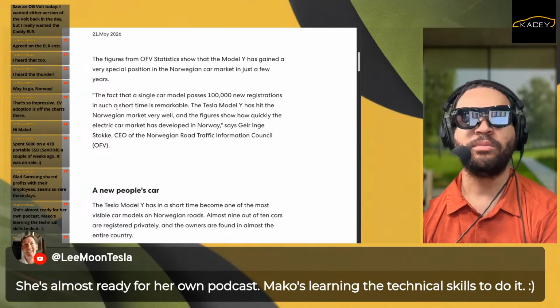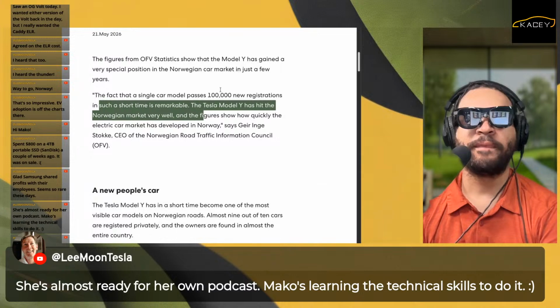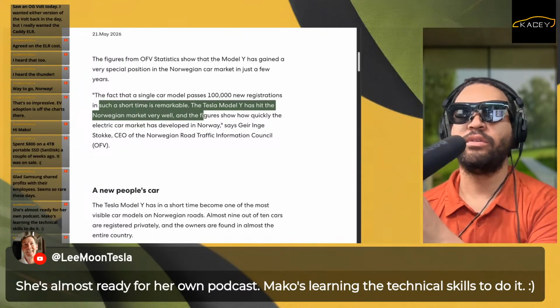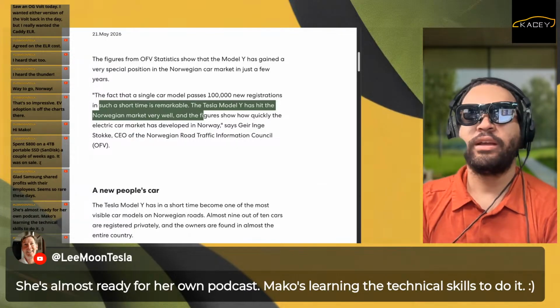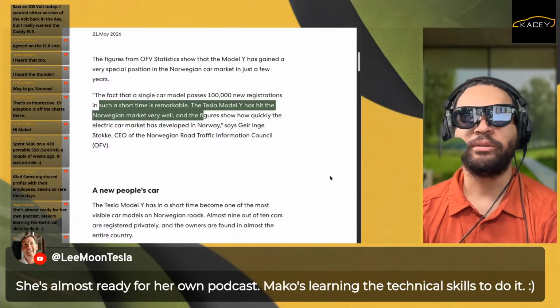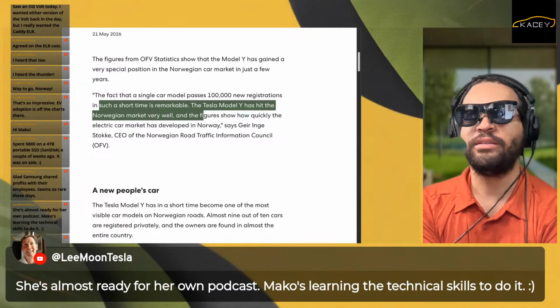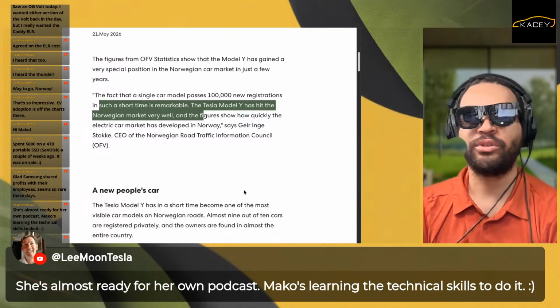The fact that a single model passes 100,000 new registrations in such a short time is remarkable. The Tesla Model Y has hit the Norwegian market very well, and the figures show how quickly the electric car market has developed in Norway, especially when you consider how late the Model Y came into the scene from when they were starting on their push to go electric.